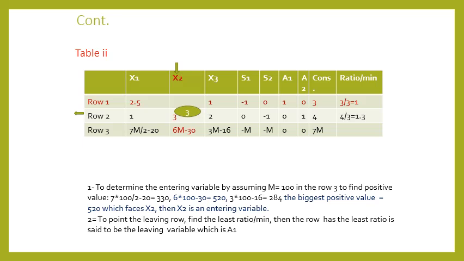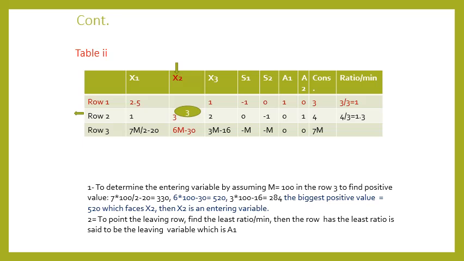Okay, 7M over 2 negative 20, 6M negative 30, 3M negative 16, negative M, double 0, and 7M. So now we are going to apply the main steps.